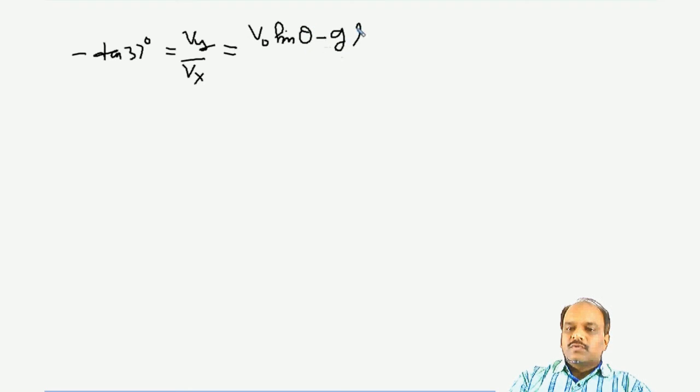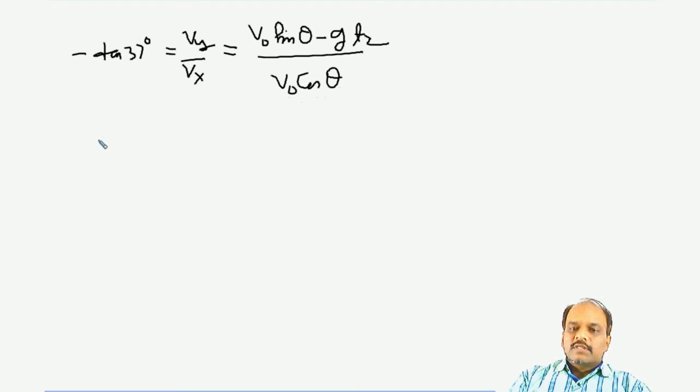for t2 we can say tan 37, which is minus, because if we take upward positive, it is negative, which is equal to Vy by Vx, and Vy is V0 sin theta minus g t2 divided by V0 cos theta.